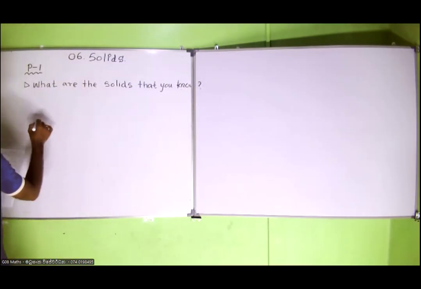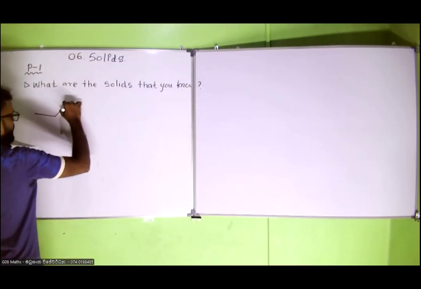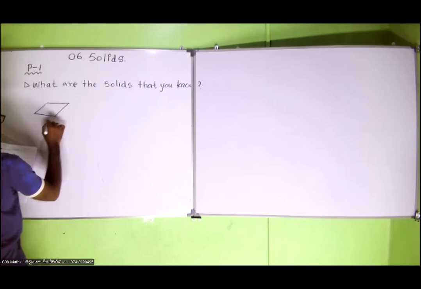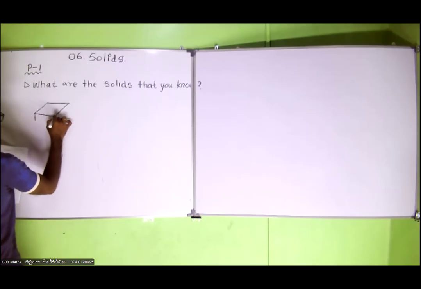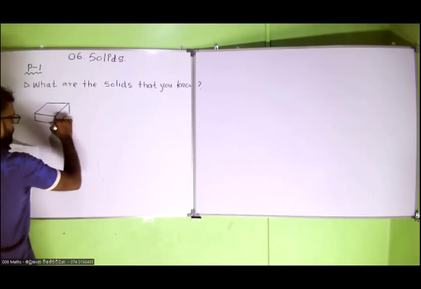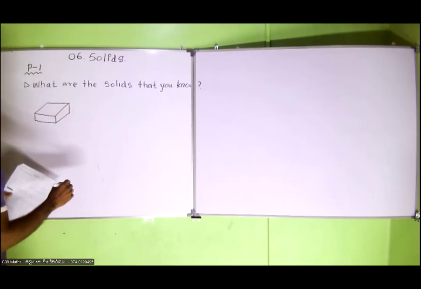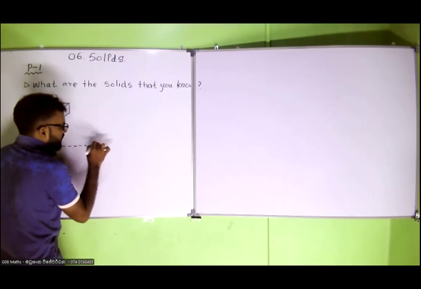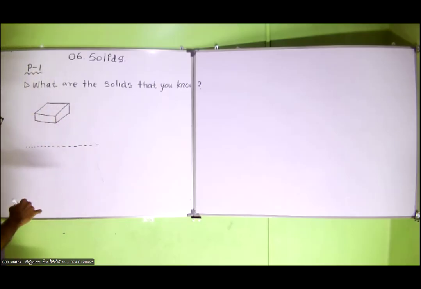First of all, I have given you a figure, something like this. You know the name of this solid, and below I have given you some dotted lines so that you can write the name of this solid.